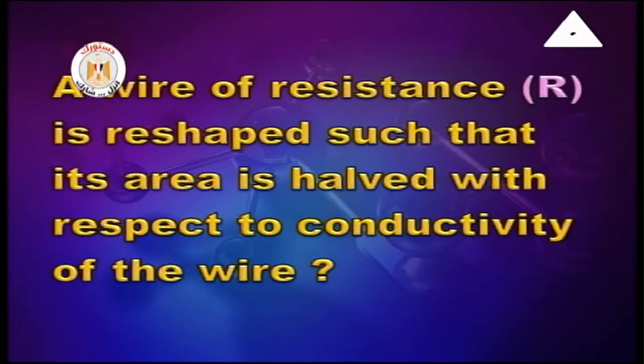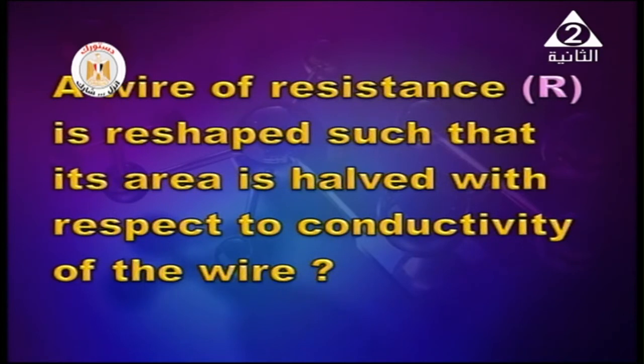A wire of resistance R is reshaped such that its area is halved. Okay, what happens to the conductivity of the wire? Your attention, please. As I said before, we mentioned something very important.